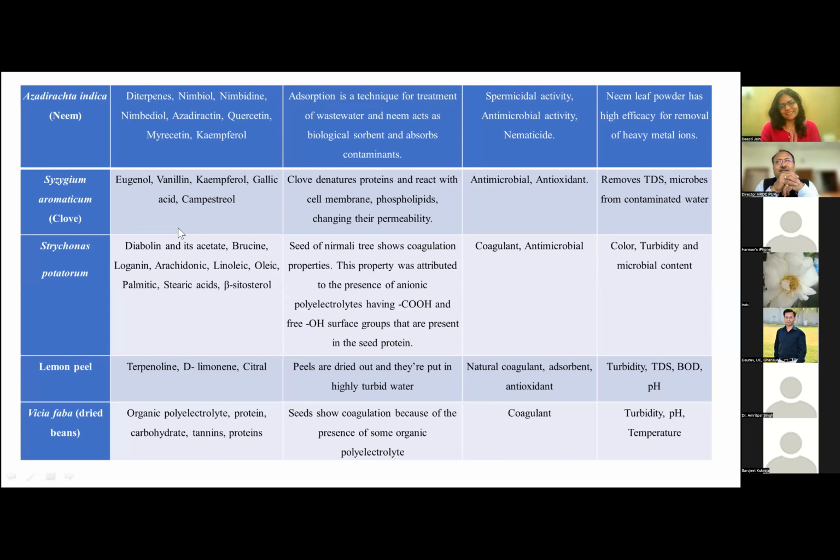Okay. This is one more thing before you share your clove presentation. Like you said, we put a few leaves of tulsi or a drop of tulsi oil or clove or lemon peel. These all things make the water more potable and remove the acidity.